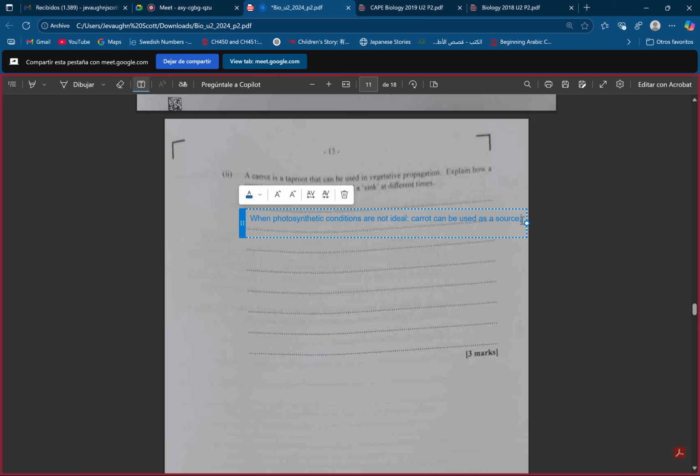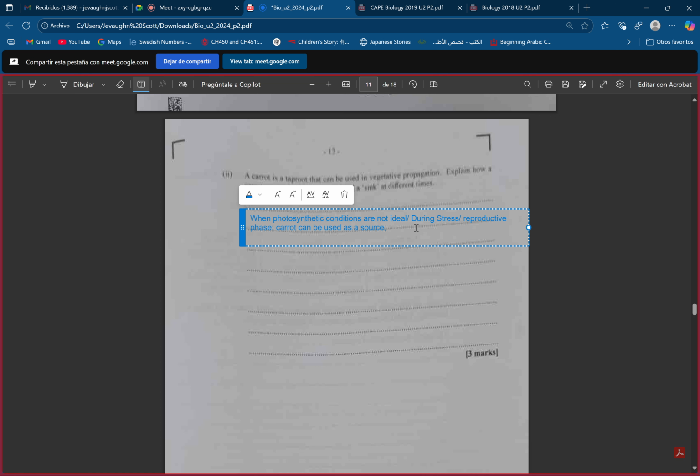So what are we gonna be doing here now? So when photosynthetic conditions are not ideal, or we could state during stress of the plant, when the plant is stressing, right? Or a reproductive phase. Stress would actually link into some of the photosynthetic conditions as well.